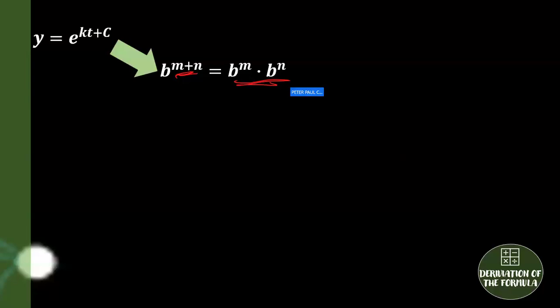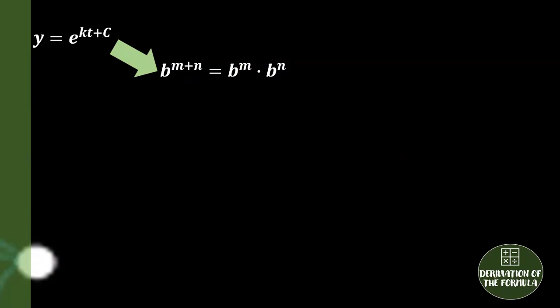So if you are given y is equal to e raised to kt plus c, you can actually apply laws of exponent. Do you agree that when you add the exponents, it's equal to the product of the bases with their exponents? That's the product rule.